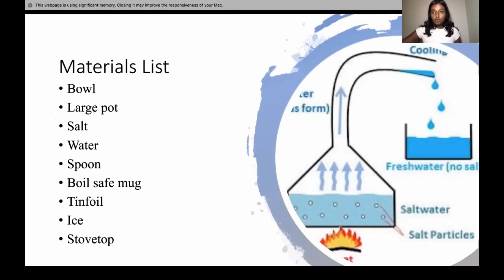You're going to have water, which I have in here. You're going to have a spoon. You're going to have a boil-safe mug, so essentially glass, something that won't break under heat. You're going to need tin foil. You're going to need ice. I don't have ice because I don't want it melting while I'm doing this, so I'm just going to use this to represent my ice. And obviously a stovetop, because you're going to need to heat stuff.